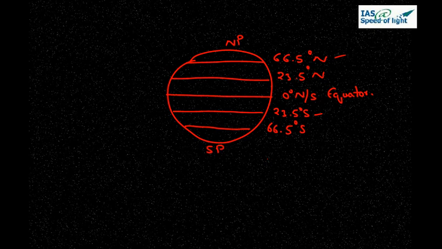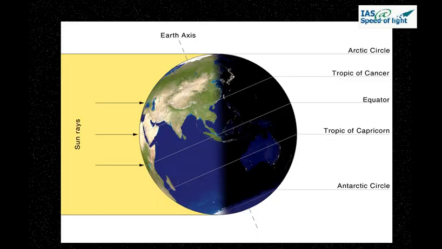Now let's see what these direct rays mean and what these oblique rays mean, right? So here we can see this is the North Pole and this is the South Pole. And we can see here this is the summer solstice, where the north pole is tilted towards the sun, and the North Pole is now in 24 hours sunlight, and the South Pole is in 24 hours darkness.